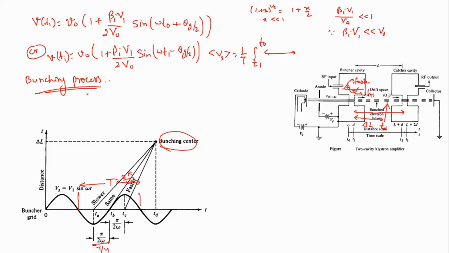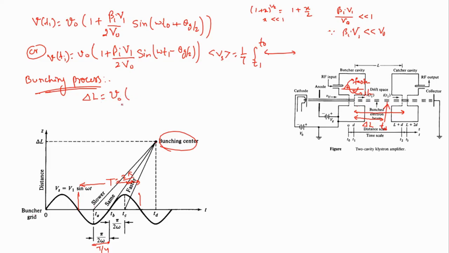So what should be the delta L for the unchanged velocity electron? We can see the velocity of this particular electron will be V0 because the velocity is unchanged. Now what should be the time? Because we know distance is equal to velocity into time.